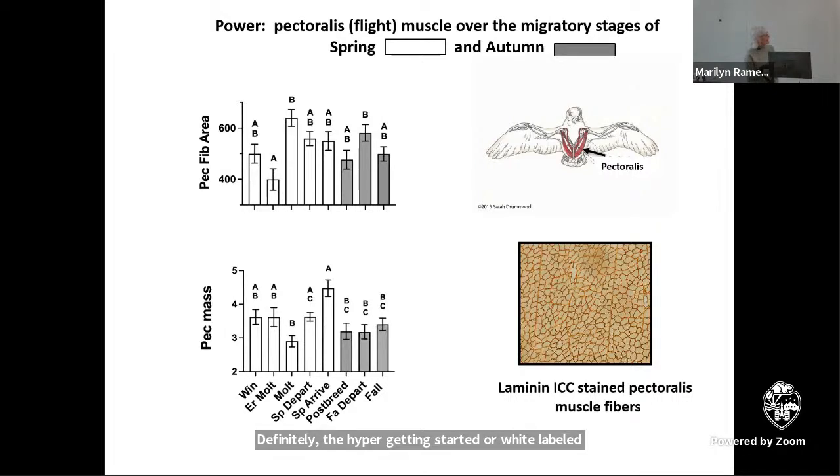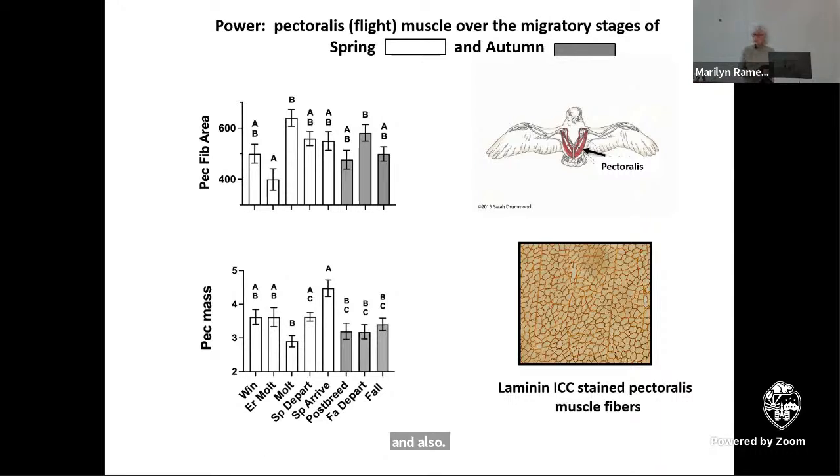When we look at muscle mass, just the whole weight of the muscle, what we see is a slight stepwise increase from molt, and then another increase at spring departure, and not much change here in fall. So when people talk about muscle hypertrophy, they think of the anabolism that exercise induces. With training, muscle increases, and muscle fiber increases also.